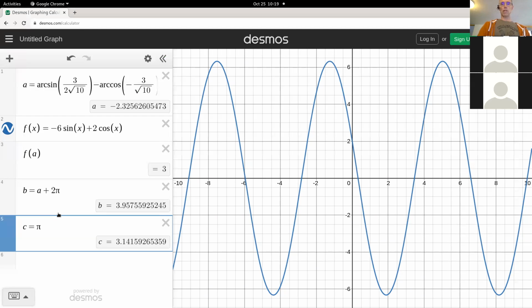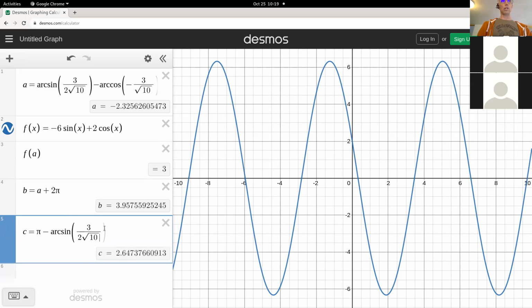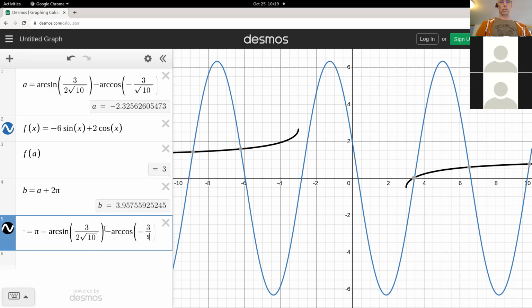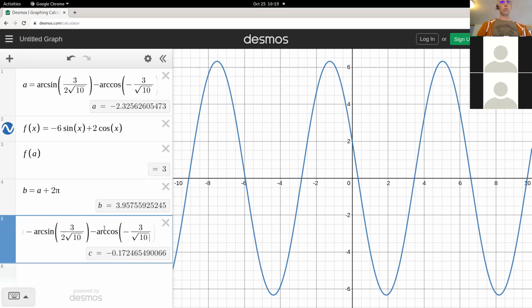I want pi minus the arc sine first, like I have above here. And then I can subtract that value of phi, which was the arc cosine. All right, so that should be the other solution.